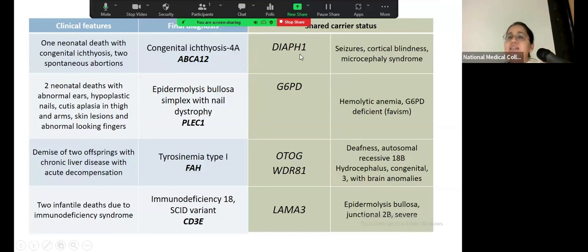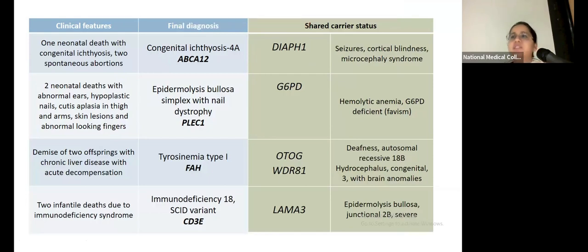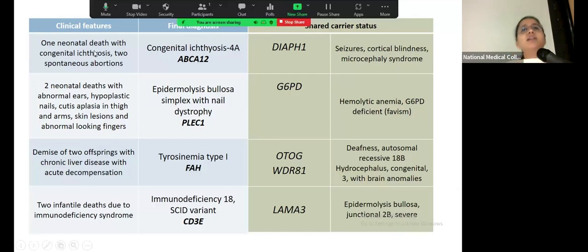Since these are all autosomal recessive disorders, many of the children could also have this particular disorder. But since the clinical features they came with do not present with either seizures or cortical blindness, we cannot actually call this variant.